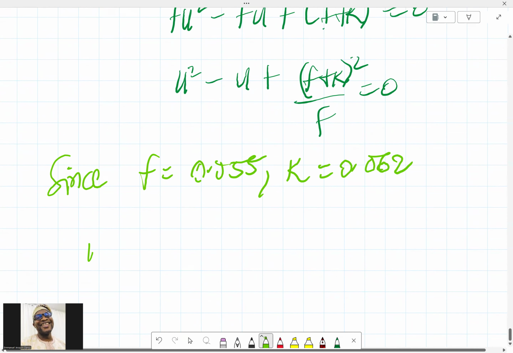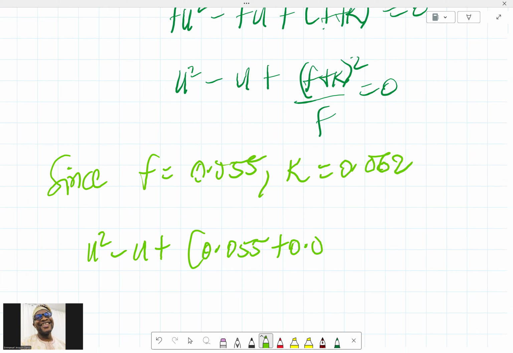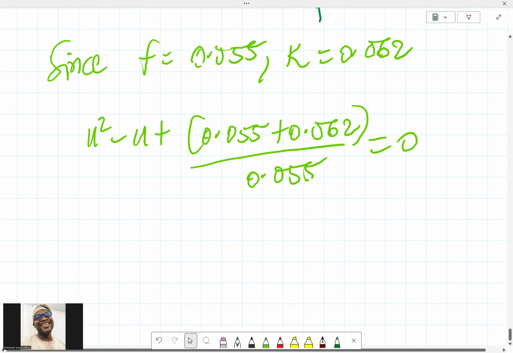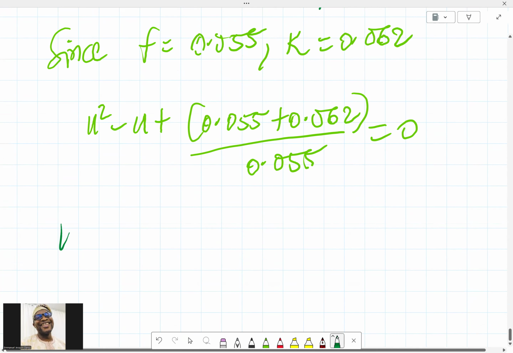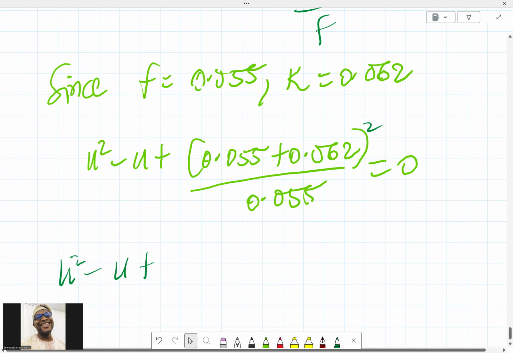So we have u squared minus u plus (f plus k) squared divided by f equals 0. Oh yeah, this is squared, by the way. I'll just do everything and get the result at once.